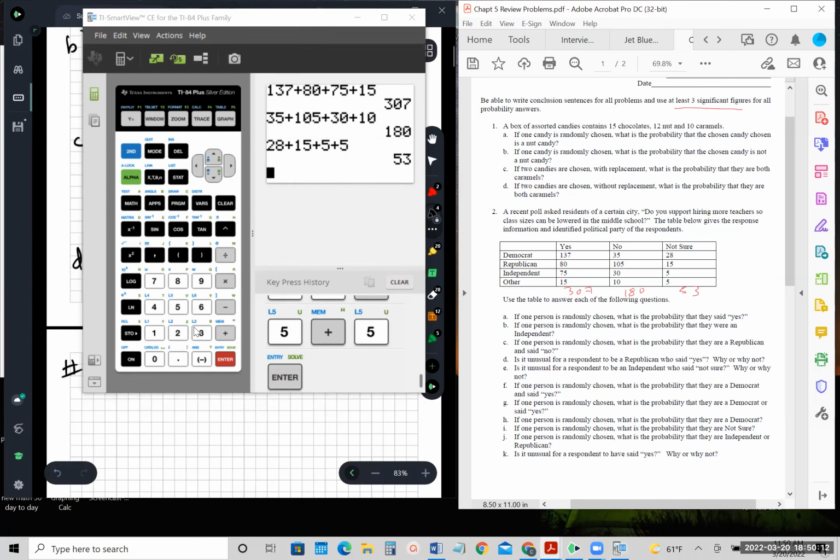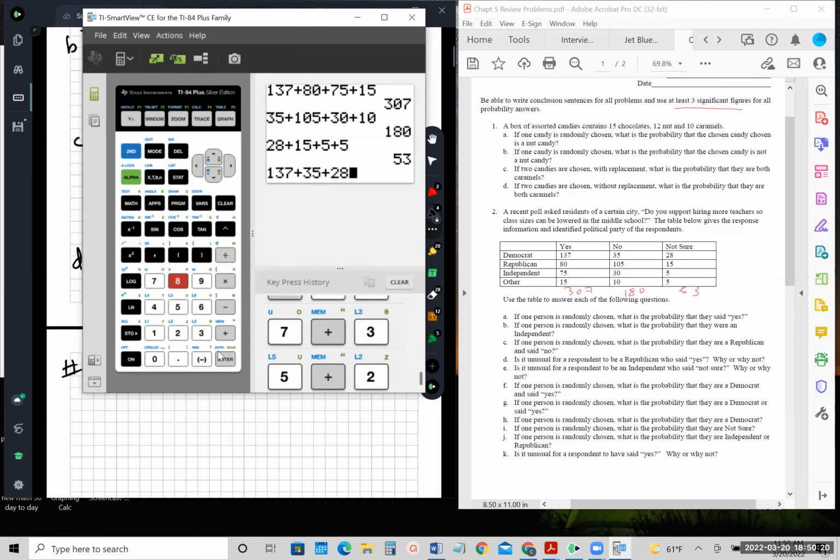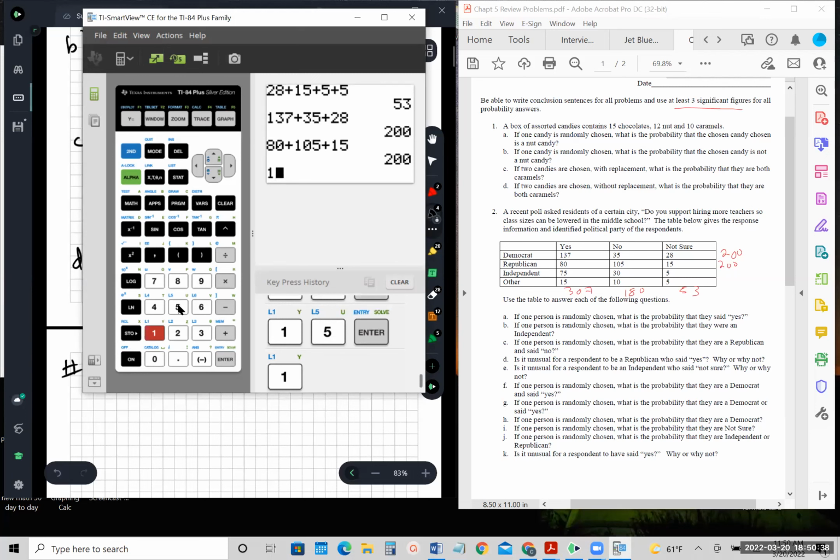And then I'll do the rows as well. Let's do the first row. 137 plus 35 plus 28. That gives us 200 for the first row. Then we'll do 80 plus 105 plus 15 for the second row. That'll give us another 200. And then the last row would be 15 plus, oh, I'm skipping a row. I apologize for that.